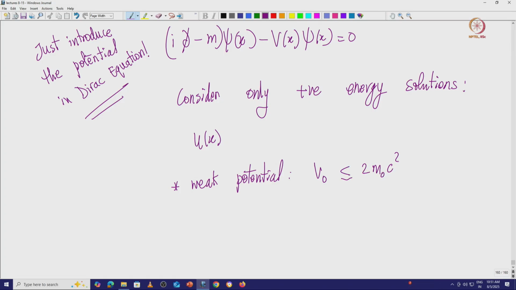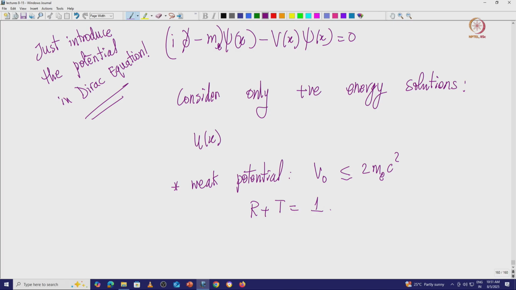That means it does not have the energy to create pairs, since it does not have the rest mass equivalent to the mass of the electron. In that case the reflection coefficient plus the transmission coefficient should be equal to 1.